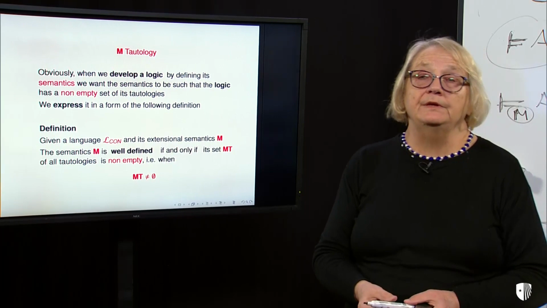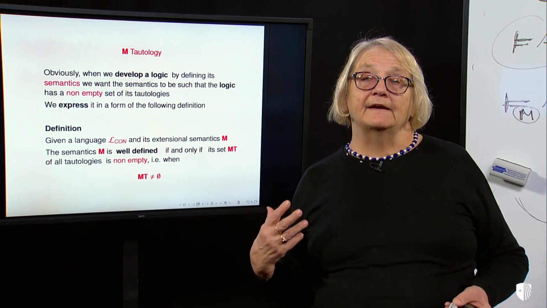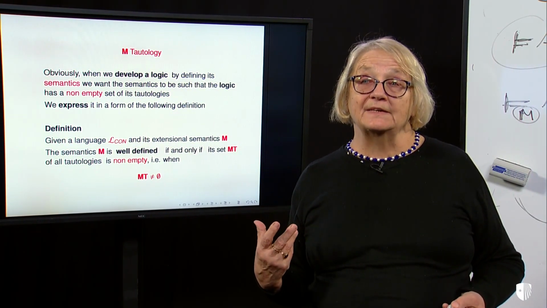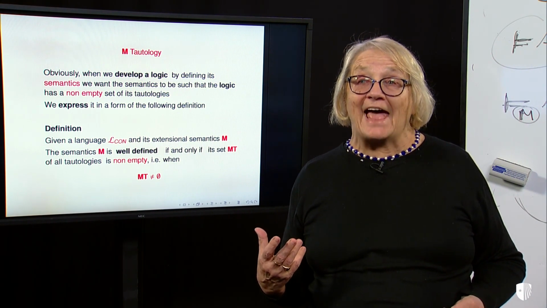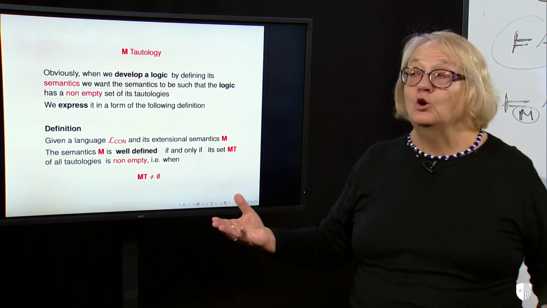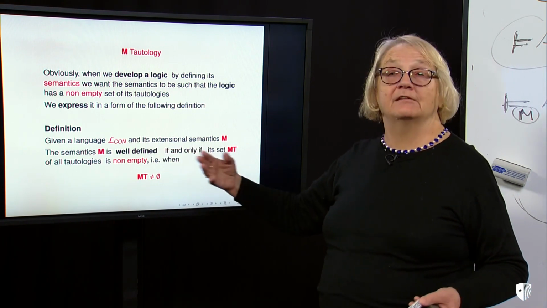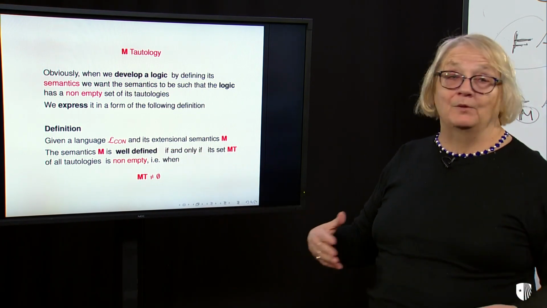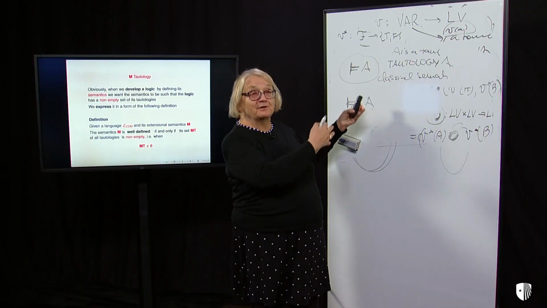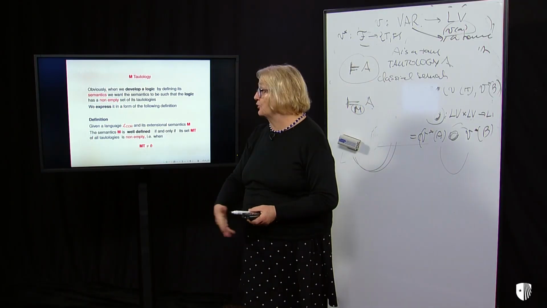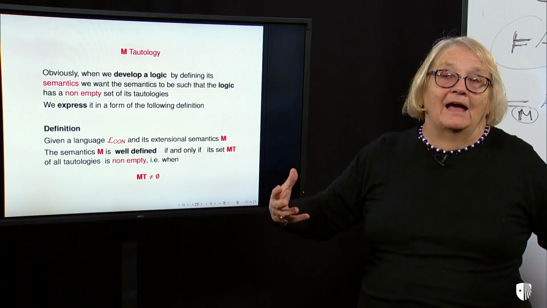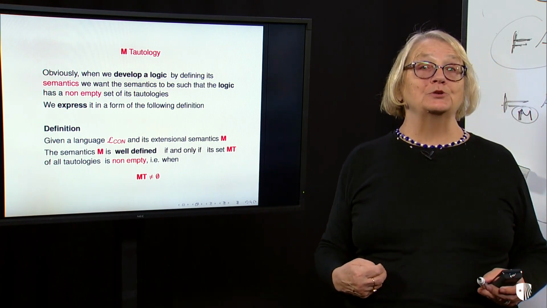And of course, when we develop logic by defining semantics, we want semantics to be such that the set of tautologies is non-empty. So we say that semantics is well defined when we define all these functions and satisfaction in such a way that there is at least one tautology.